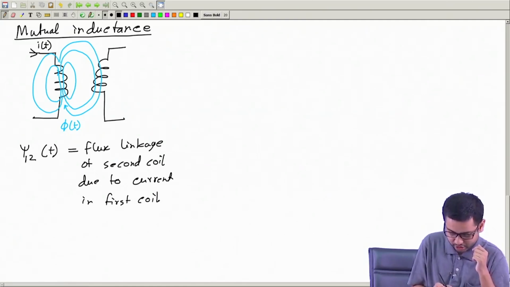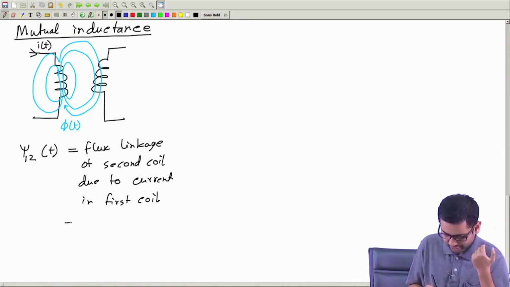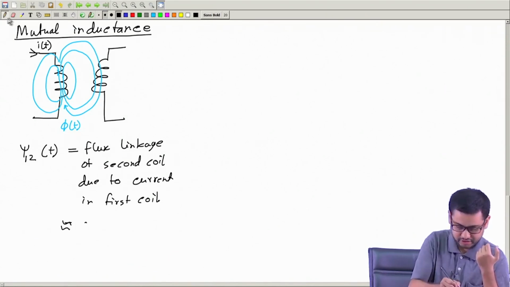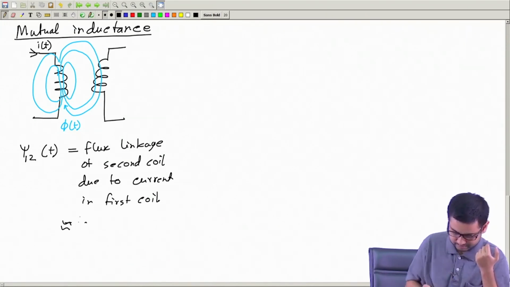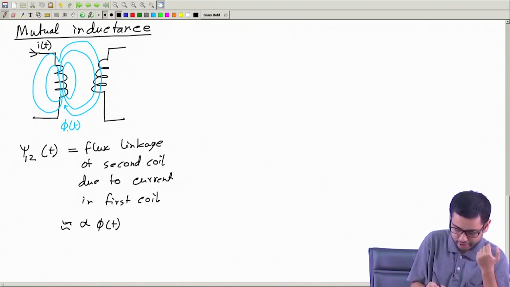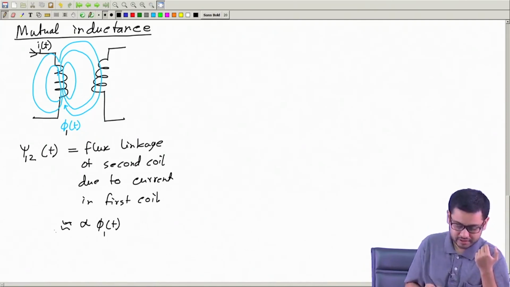So current in first coil and flux is linked in this second coil, okay, which will be roughly proportional to phi, call it phi 1 because this is created by the current I1 in the first coil, okay.